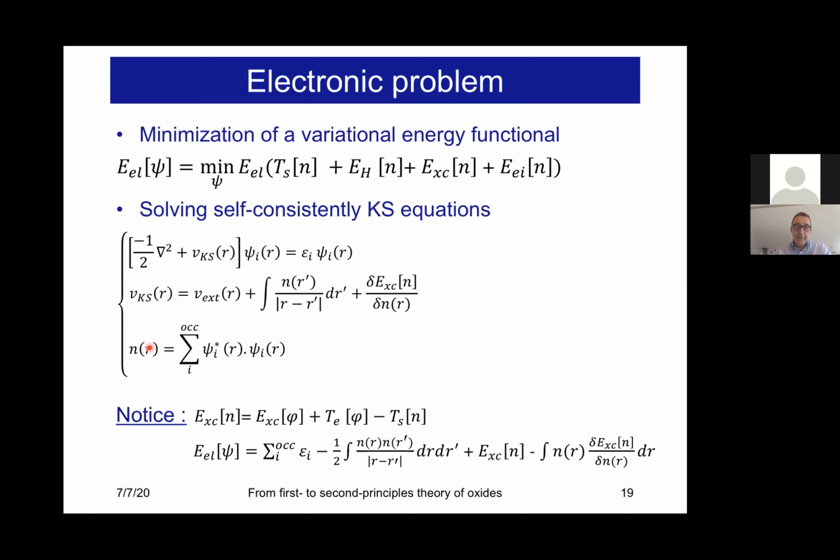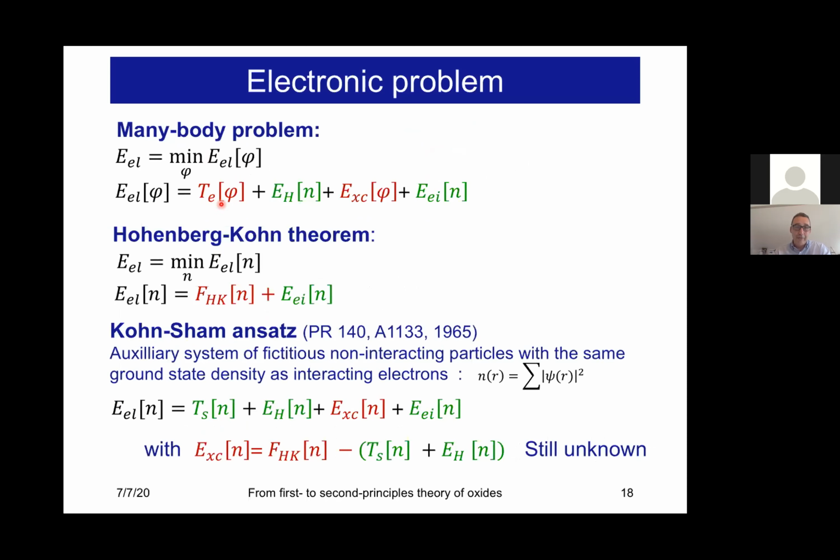So I want to notice 2 things here that are good to know. The first one is that I defined here a functional, the exchange correlation energy, that I wrote EXC of n. And this exchange correlation energy appearing in density functional theory is not the same as the exchange correlation energy appearing in the many-body problem. If you look carefully, you see that here I had a term that I call EXC of phi. Now I have a new term here that is EXC of n. But in these 2 equations, I have a different kinetic energy.